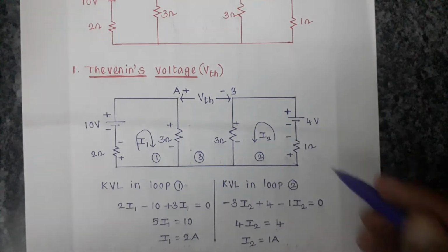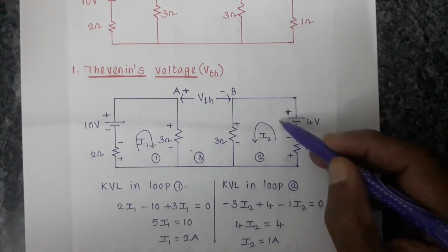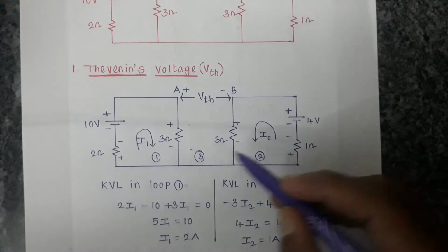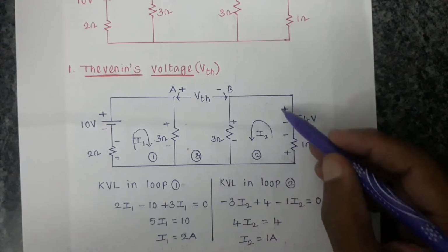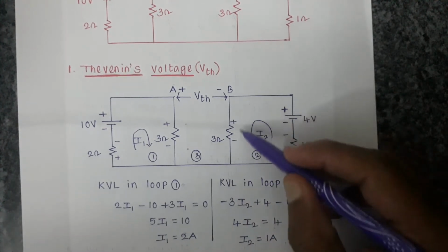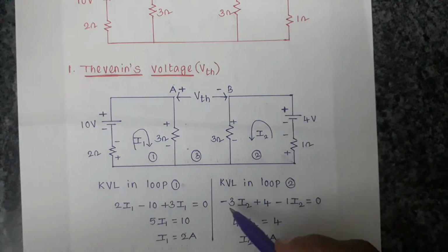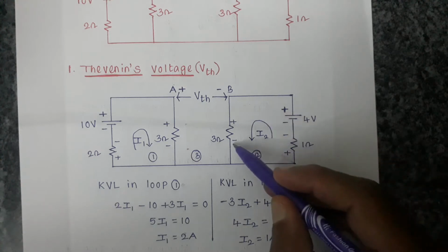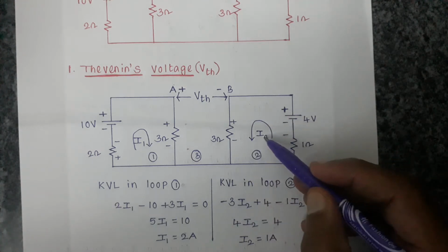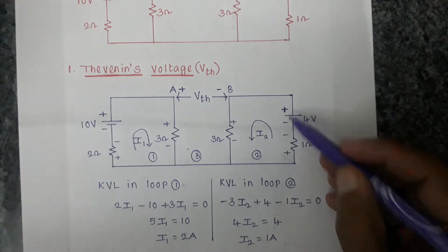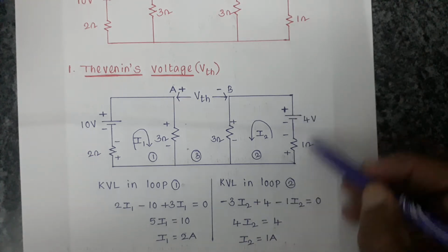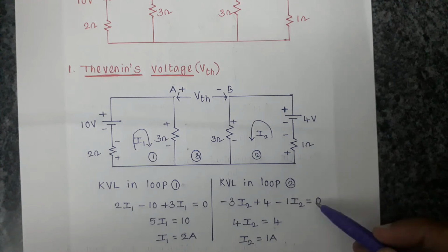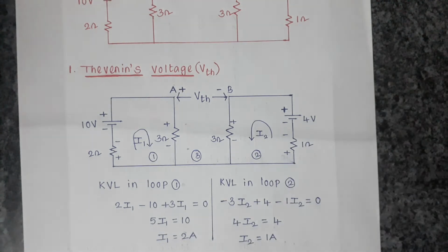Similarly, applying KVL in loop 2. I am taking this as loop 1, this as loop 2 and this as loop 3. By writing KVL in loop 2, in this direction: minus 3I2 plus 4 minus 1 into I2 equals 0.